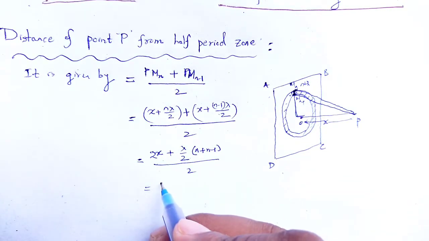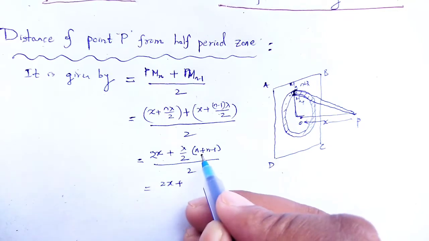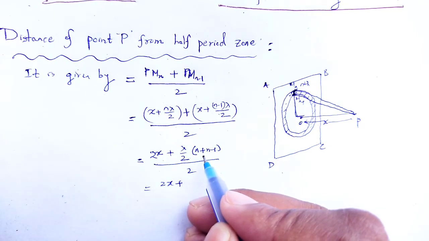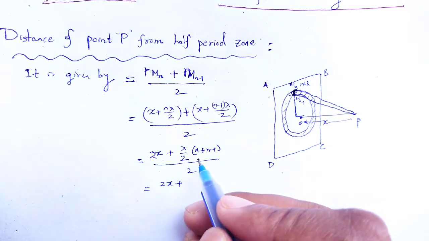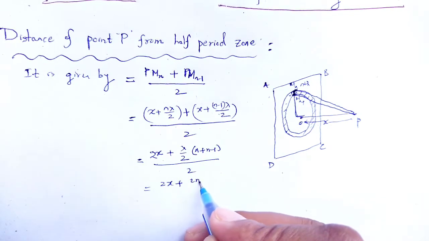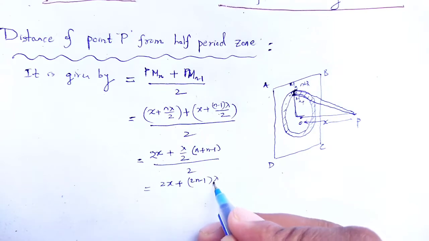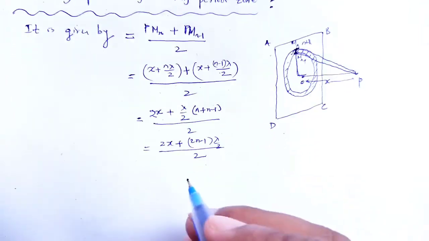So 2x plus (2n minus 1) lambda by 2, divided by 2.